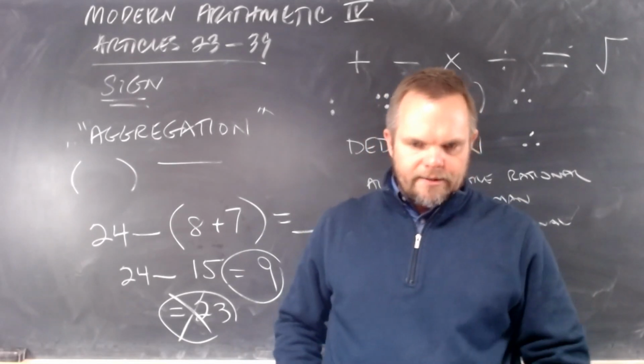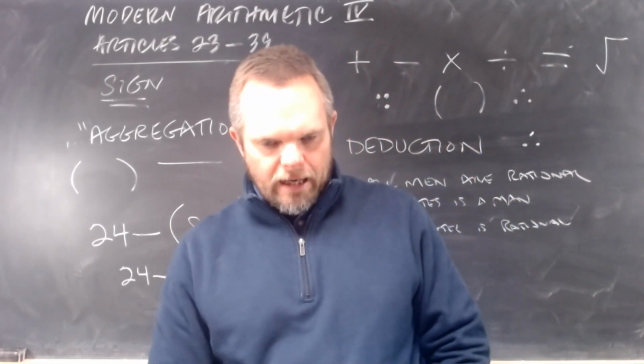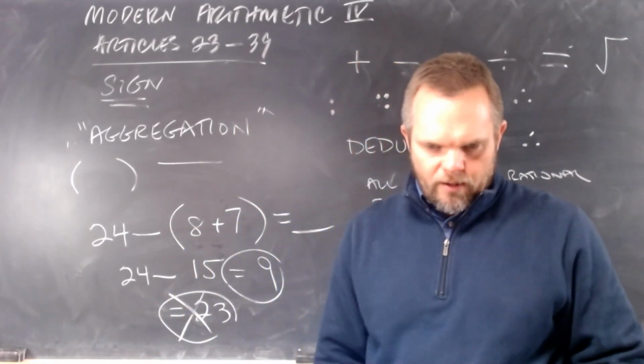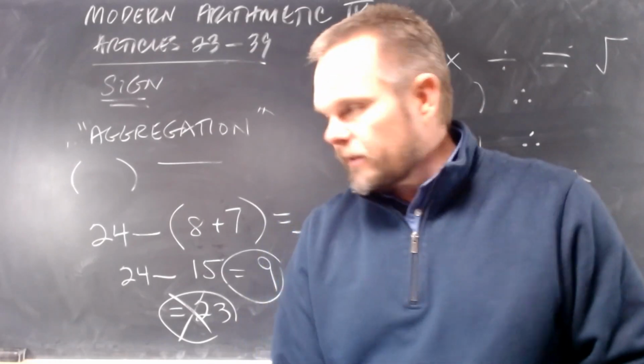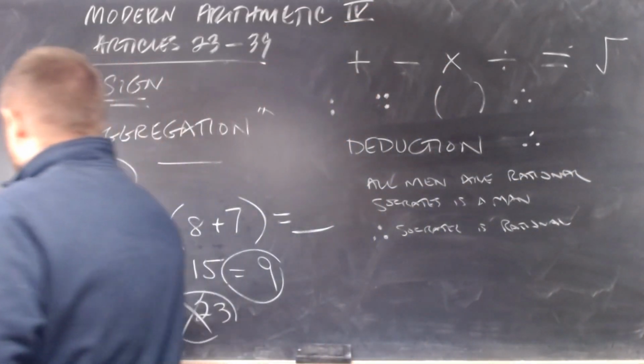All right, the last two articles wrap up this introduction. Article 38 says, arithmetic depends on this primary proposition. Any number may be increased or diminished.